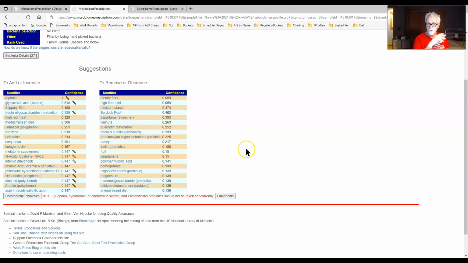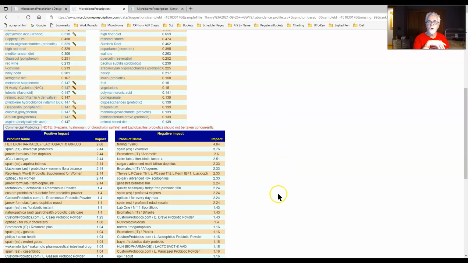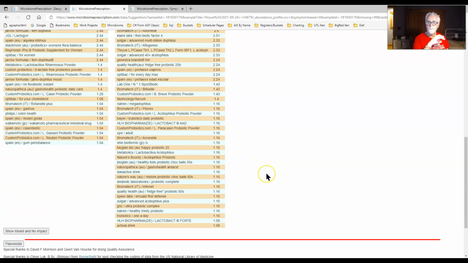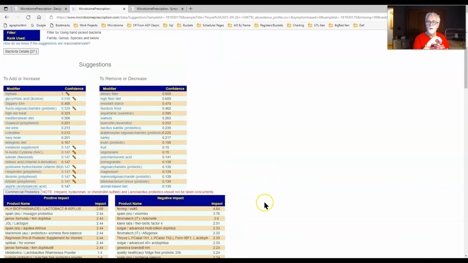Aspartame to avoid, a particular probiotic to avoid, and down the bottom you could go and see which ones are there. Notice that in general, probiotics are likely to have higher negative value than a positive value. And we can look at mixed impact, and nobody stands out.